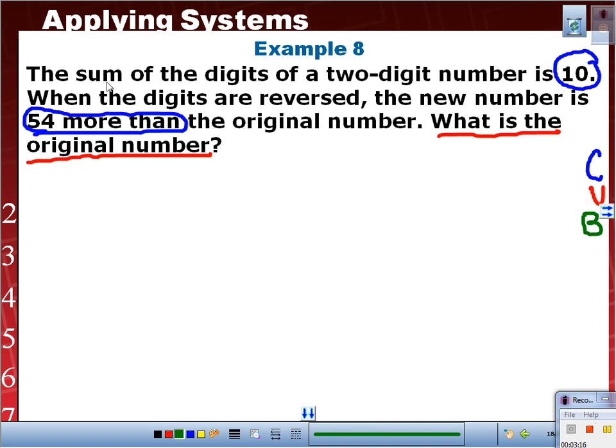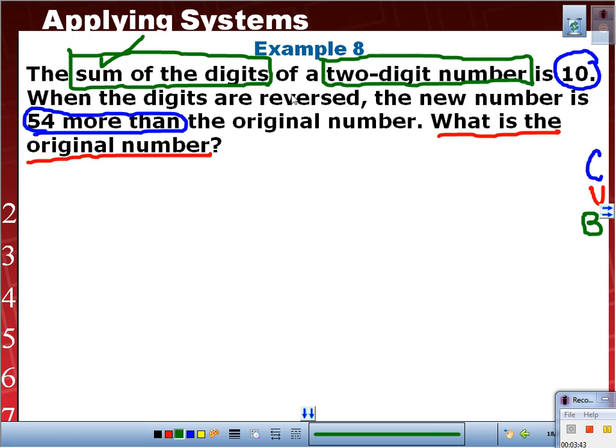It says the sum of the digits. That's important, right? Sum of the digits. And from there, which word is the most important out of all those? Sum, because it tells us to do something with the information that we have. From there, what else is important? Two-digit number. That tells us something important about this problem.